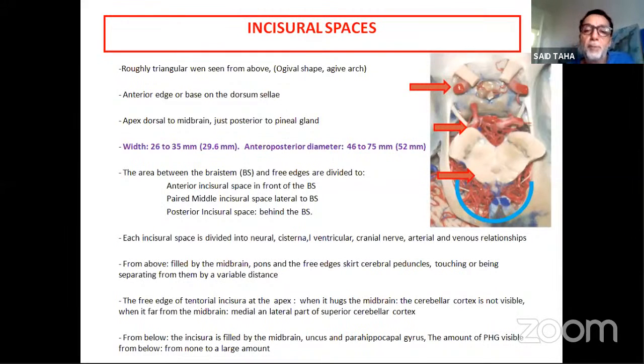We should do perhaps a subtemporal approach with or without resection of the clinoid process.